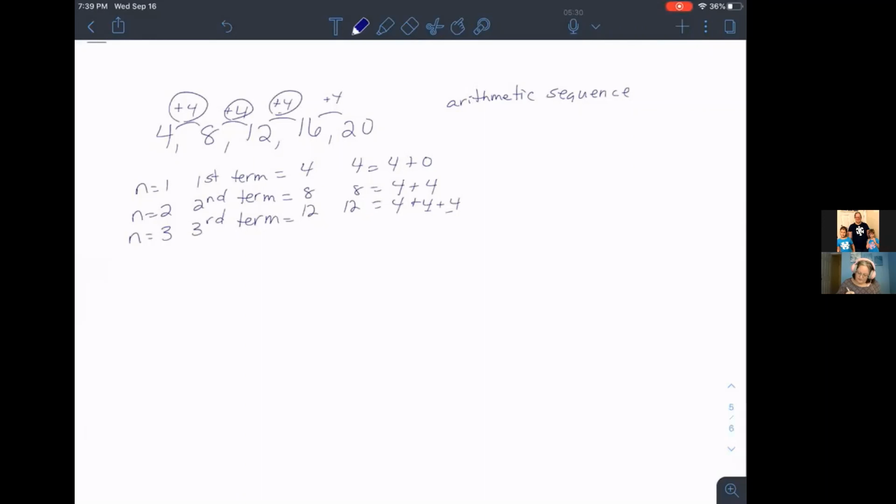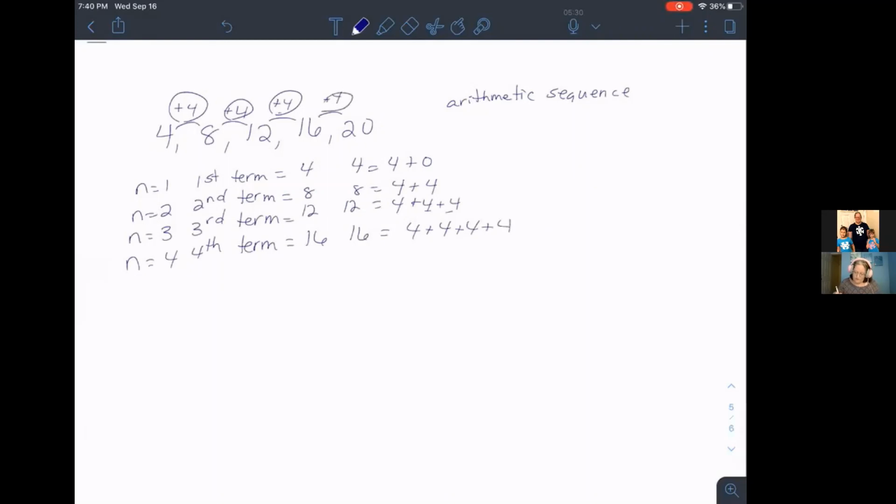And then n equals 4. The fourth term is equal to 16. 16 is equal to 4 plus 4 plus 4 plus 4.